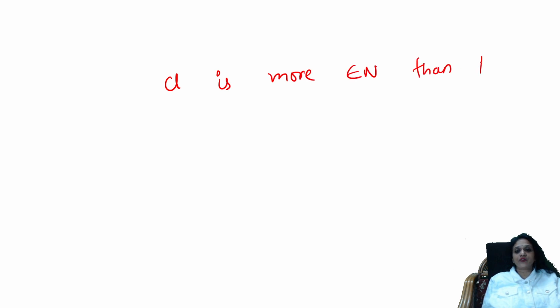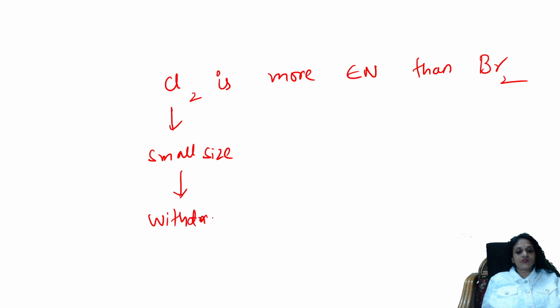Chlorine is more electronegative than bromine, correct? Chlorine is small in size, so it will withdraw electrons from the chlorine, oxygen and hydrogen bond.